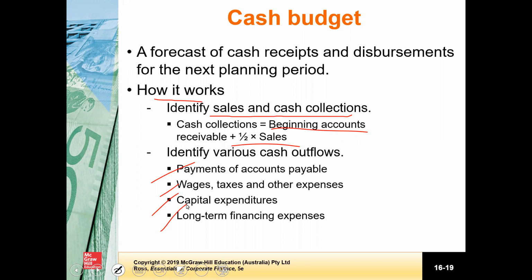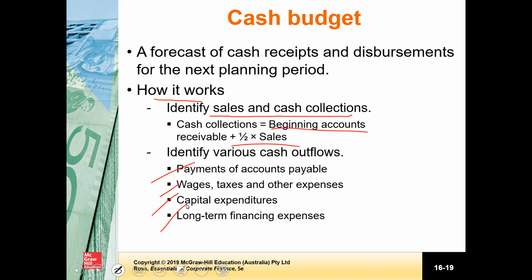Then wages, taxes, and other expenses. This category includes all other regular costs of doing business that require actual expenditures. Depreciation expense, for example, is often thought of as a regular cost of business, but it requires no cash outflow, so it is not included here. Capital expenditure, these are payments of cash for non-current assets.